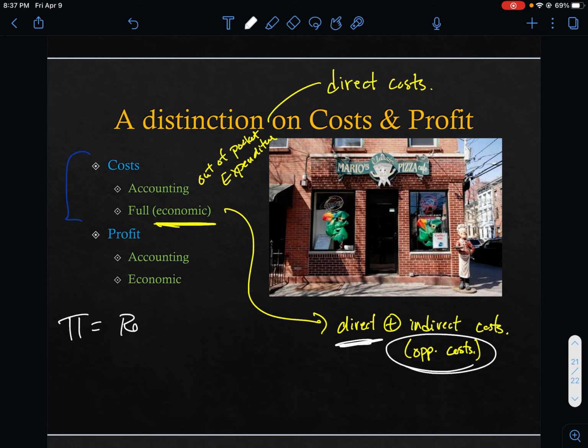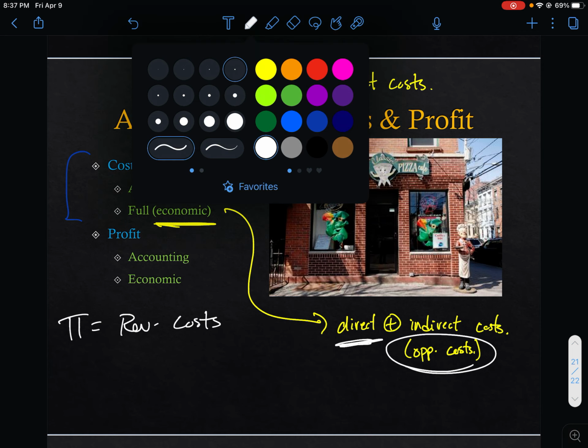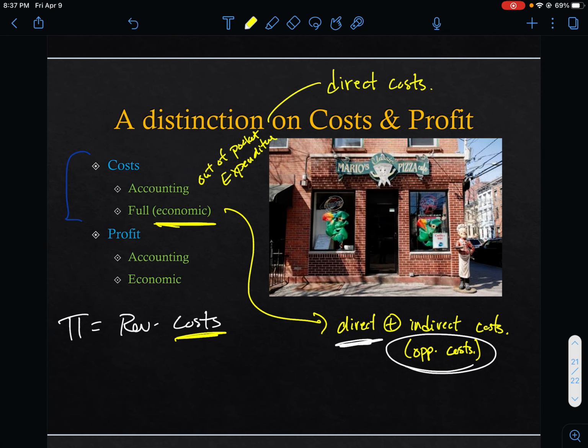Because profit is equal to revenue minus costs. But what costs? Which definition of costs? Well, economic profit is revenue minus economic costs. Now, for the accountant, they're just going to look at revenue coming in and then expenditures going out.